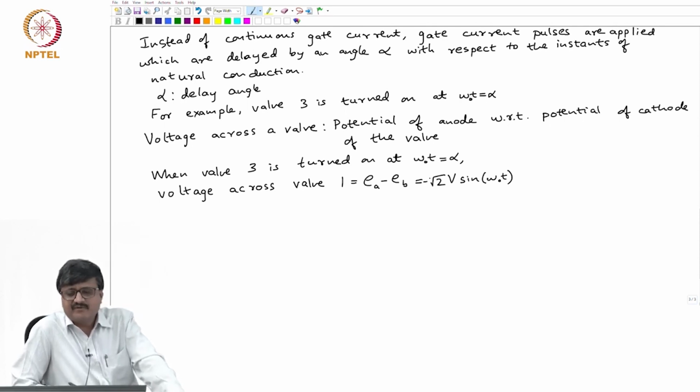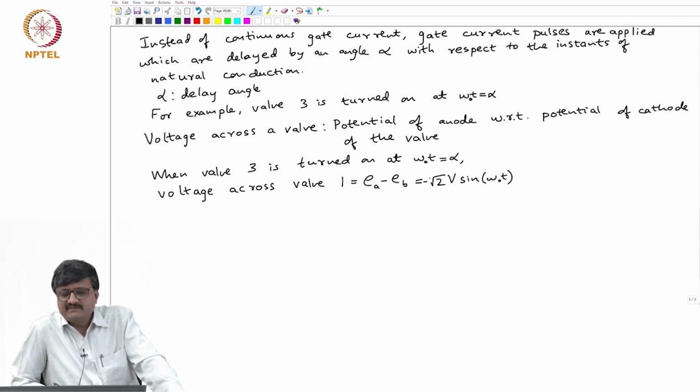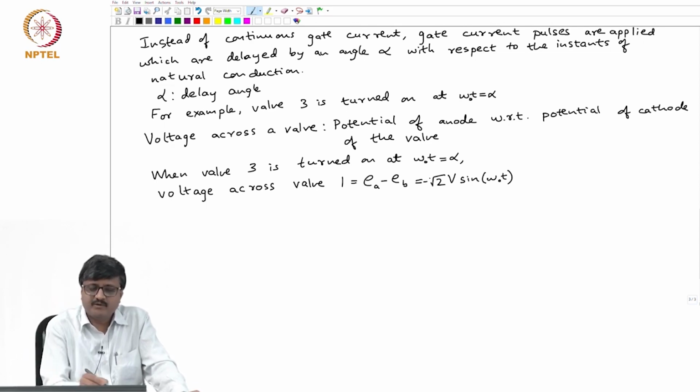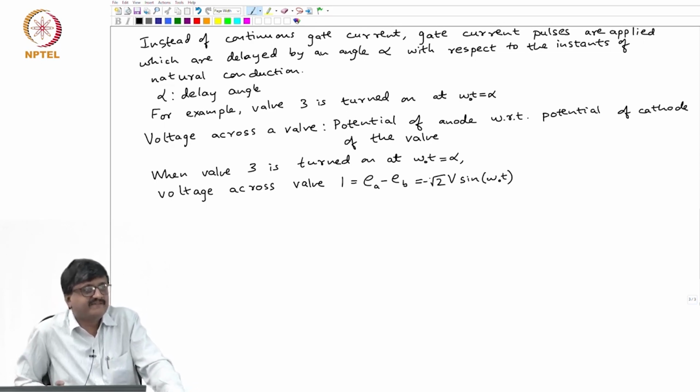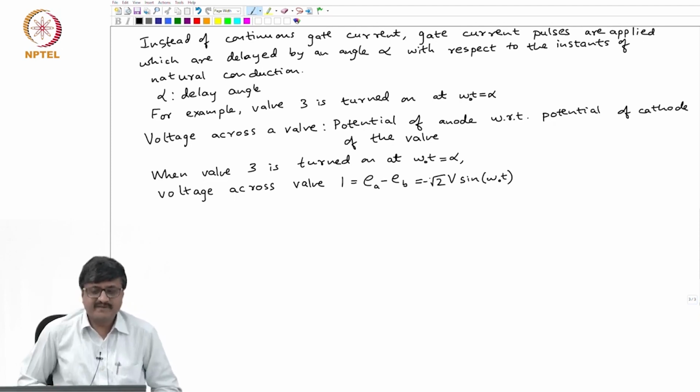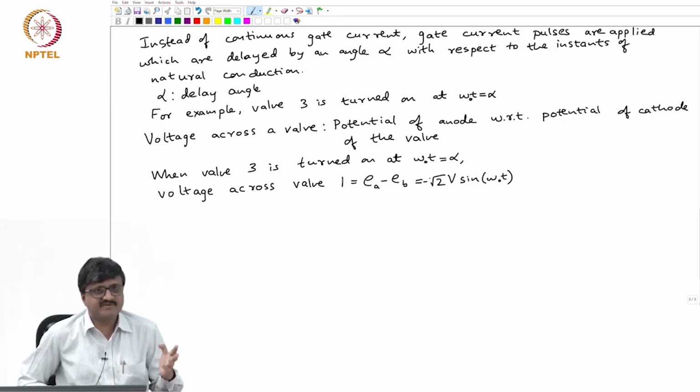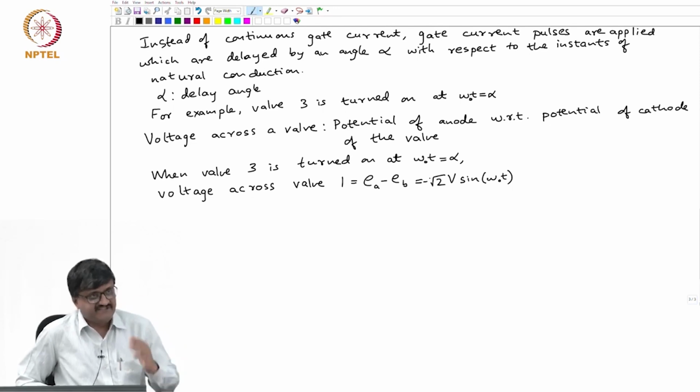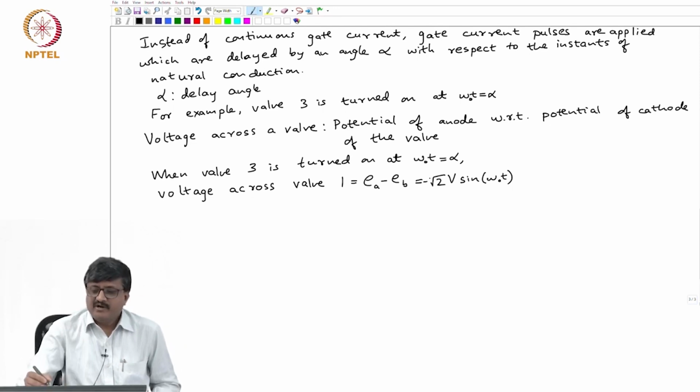Now, for the time being, let us assume that alpha is taking such a value that the voltage across valve 1 is negative as soon as it stops conducting. So, what should be the range of alpha? Say alpha equal to 0 corresponds to diode operation. Now, if alpha is increased, beyond a certain value, what happens to the voltage across valve 1?